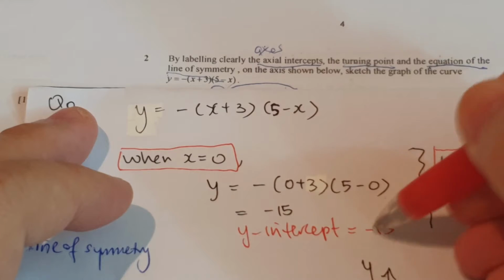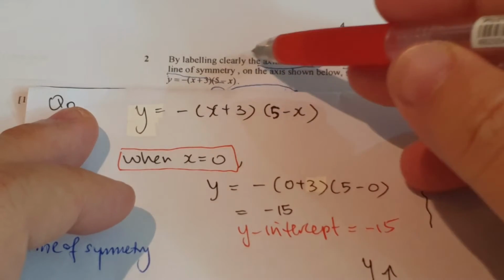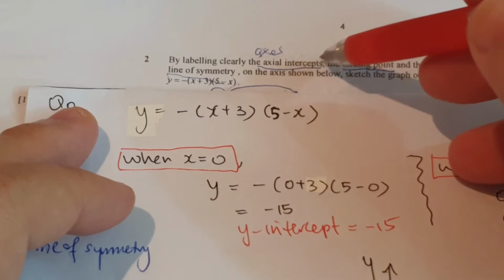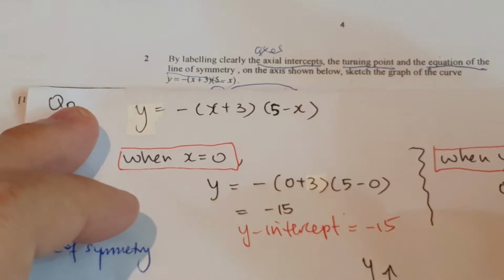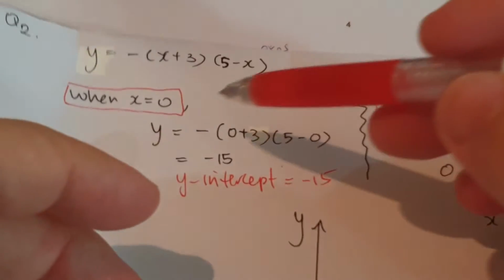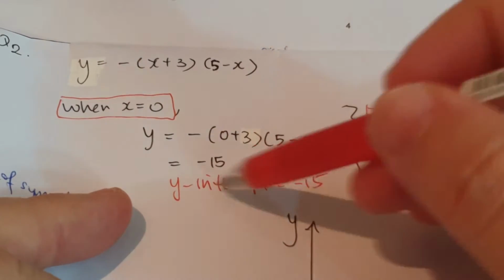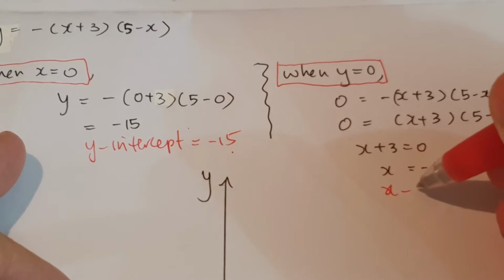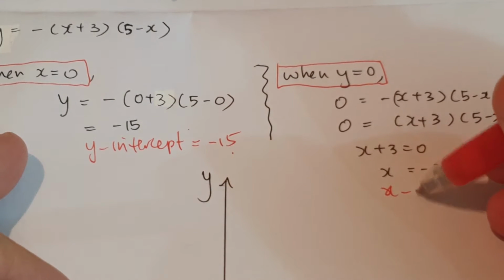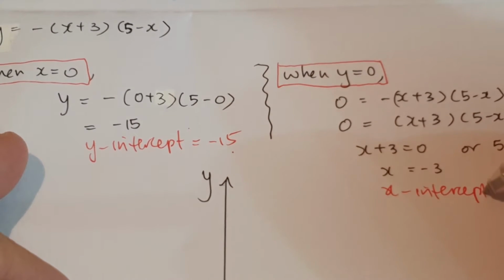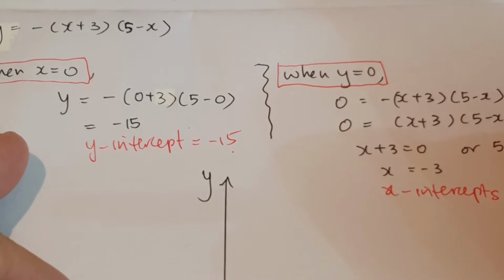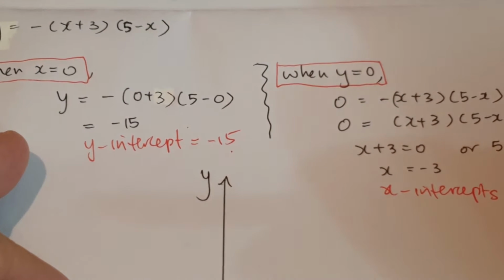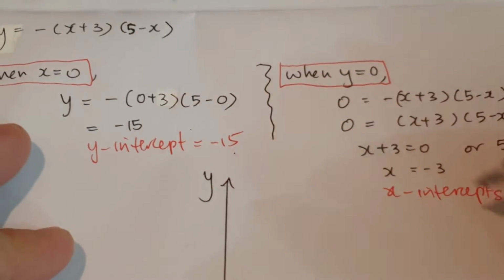You don't need, because they didn't specifically ask you for the x and y-intercept. Okay, as long as you draw it here on your graph, you would have answered the question already. That's why you see I didn't state. It's just that now I'm trying to tell you specifically that the x-intercept is like that. The y-intercept is like that. The x-intercept is, or the x-intercepts are these two, okay? Minus 3 and minus 5. Alright?